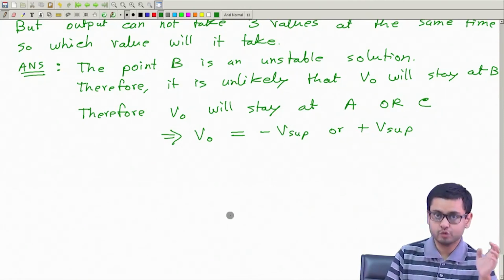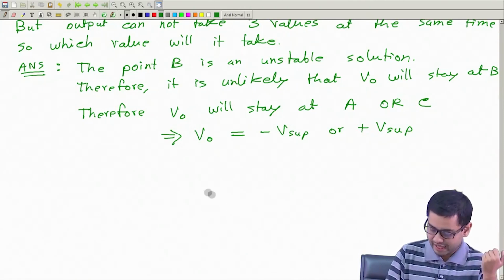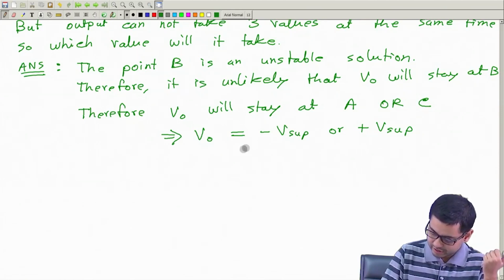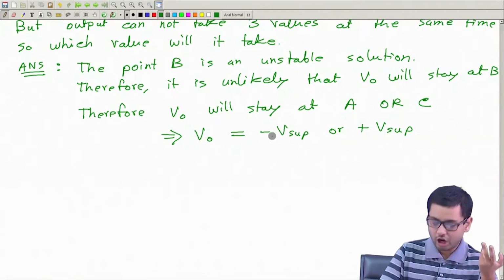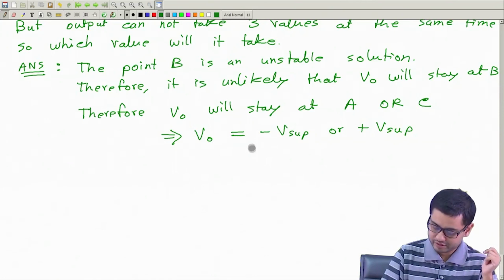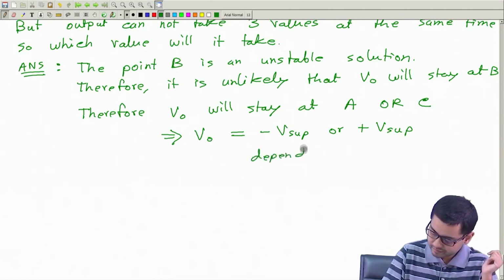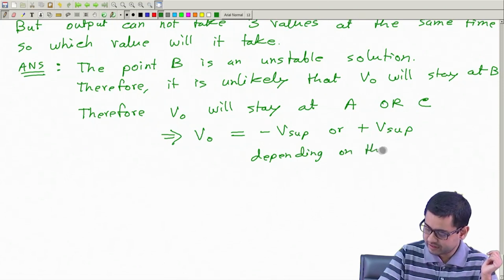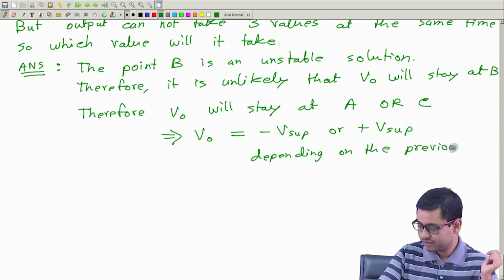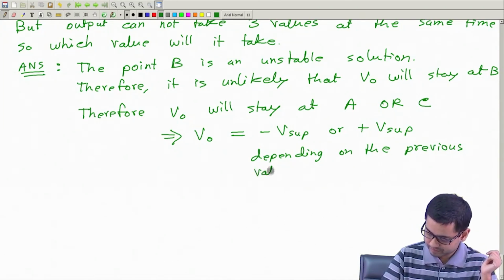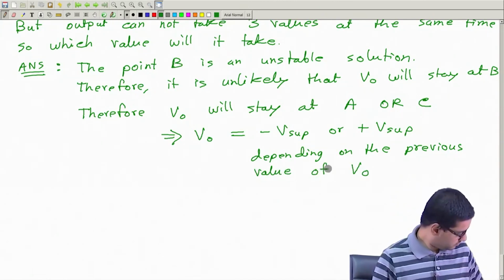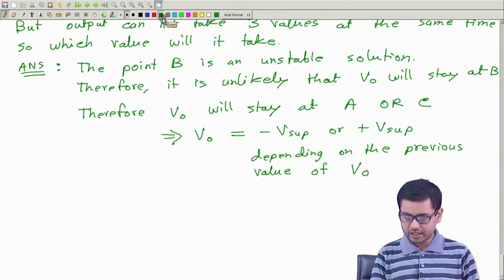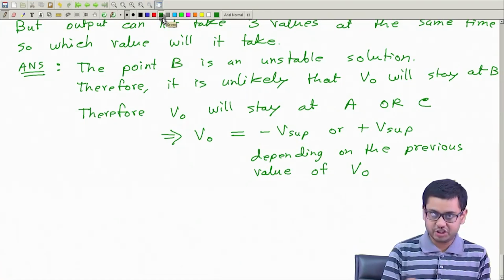Which one will the output take? The answer is it will depend on the past history of VO, the previous value of VO. So this is what I am going to justify.